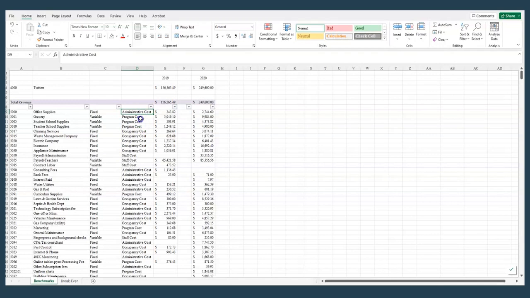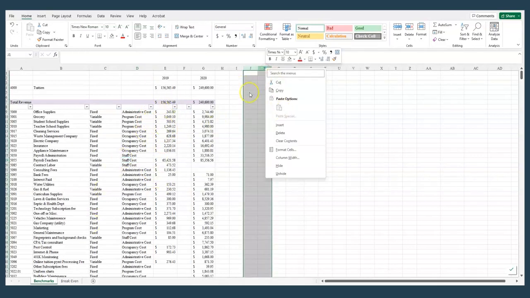I also put in a place for whether it's an administrative cost, a program cost, an occupancy cost, or a staffing cost. That way I can determine what percentage of expenses to revenue fall into those categories.